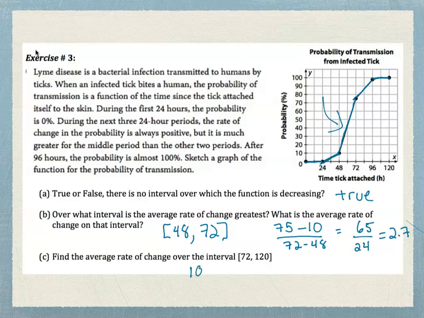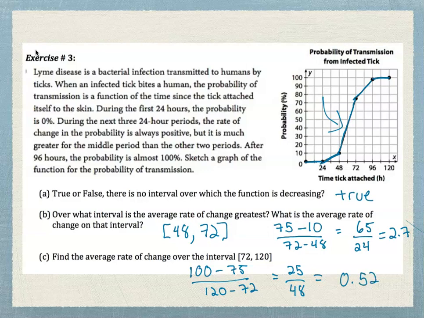So I'm going to say 100 minus 75 over 120 minus 72. 100 minus 75 is 25. 120 minus 72 is 48. You can keep it as a fraction, but when we're talking about these real-world scenarios, sometimes it's helpful to look at them as decimals. So I'm going to say 25 divided by 48, and I get 0.52.